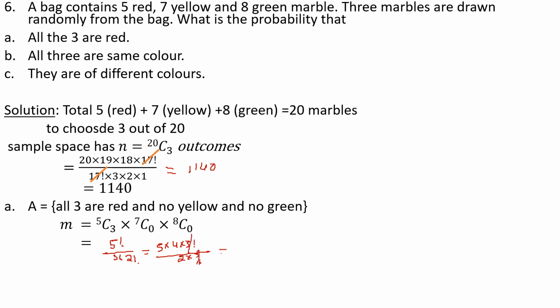So this cancels. 20 by 2, 10. Now probability of A will be equal to favorable outcome 10 divided by 1140, which is 0.0088.